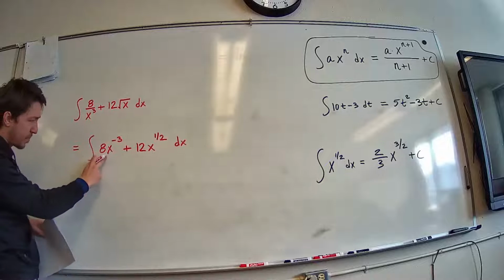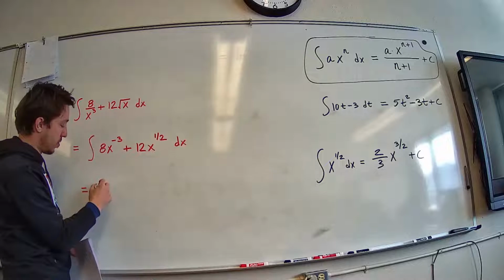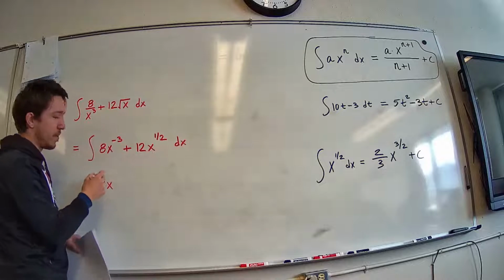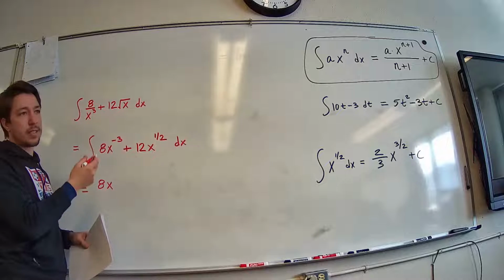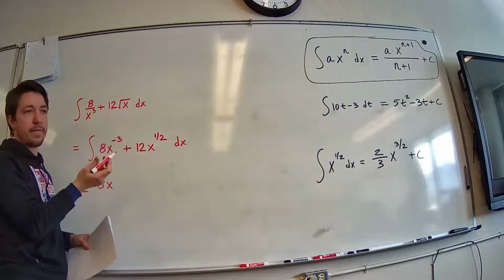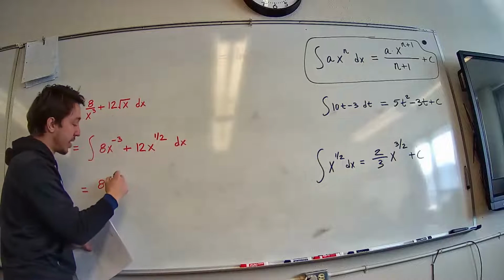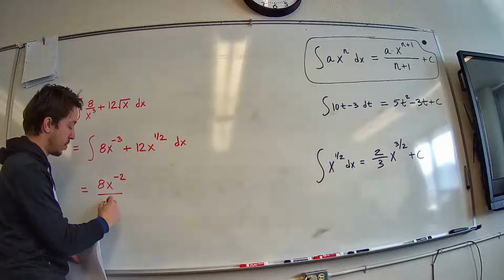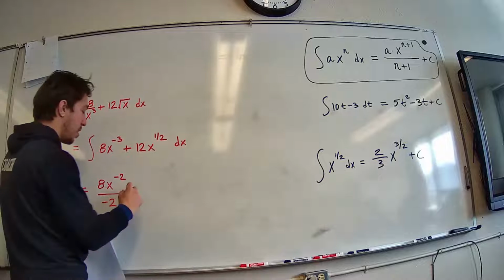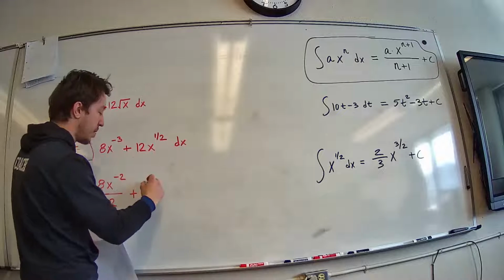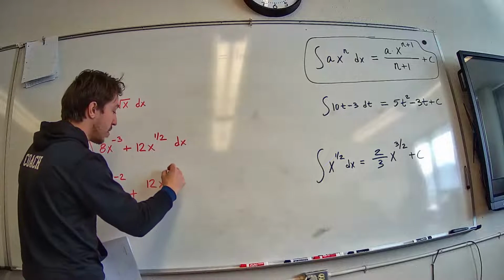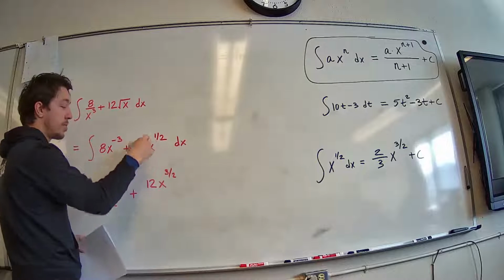A lot of mistakes get made in this step. You can see a lot of people would make it -4, right? That would be the mistake. If you add 1 to -3, it's -2 though. And then here, 3 halves, you can just add 1 to the exponent.